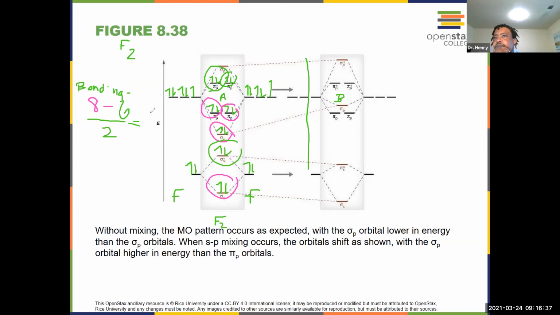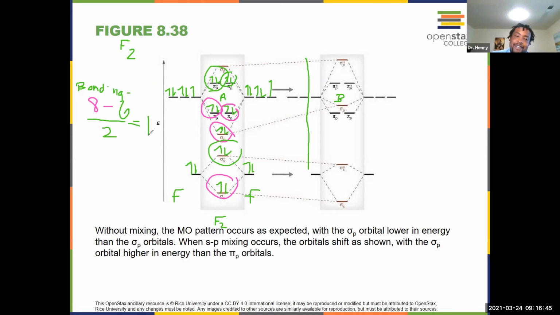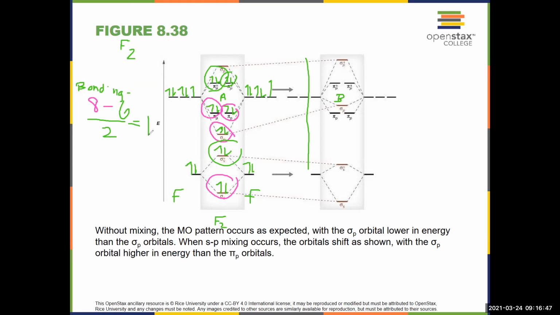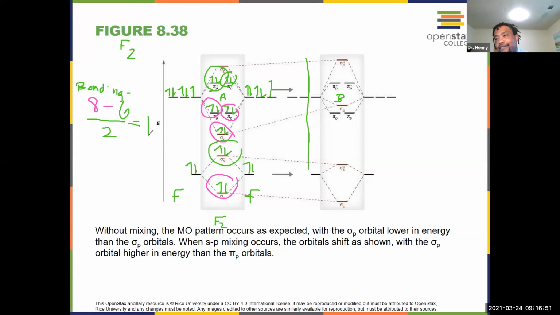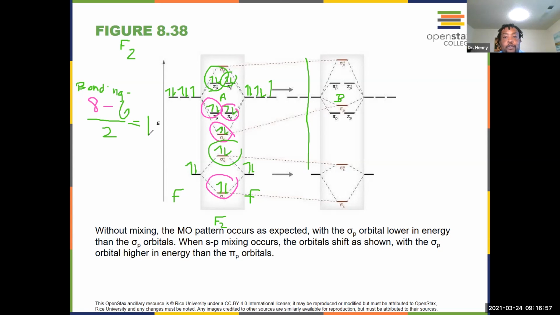What does that equal? 8 minus 6, oh, 1. Okay, you guys are worrying me here. So is it going to form a bond? Yeah, a single bond. Is that true? Do we know about fluorine? Isn't fluorine one of our diatomics? Have no fear of ice cold beer. Yep.